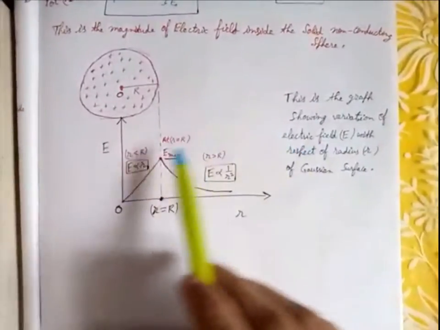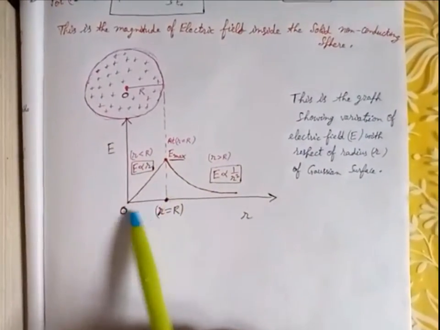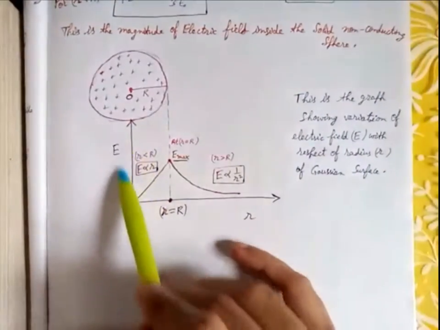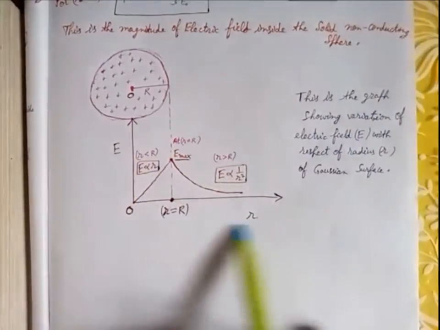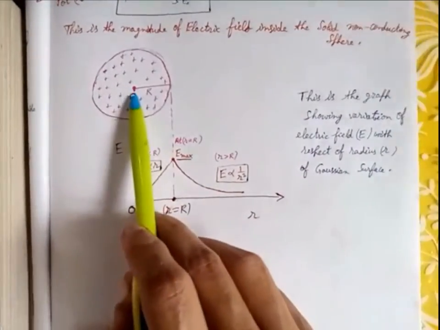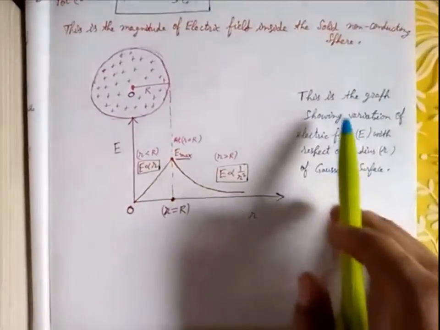Now we will draw the graph of electric field versus the distance from the center of the sphere, that is small r.